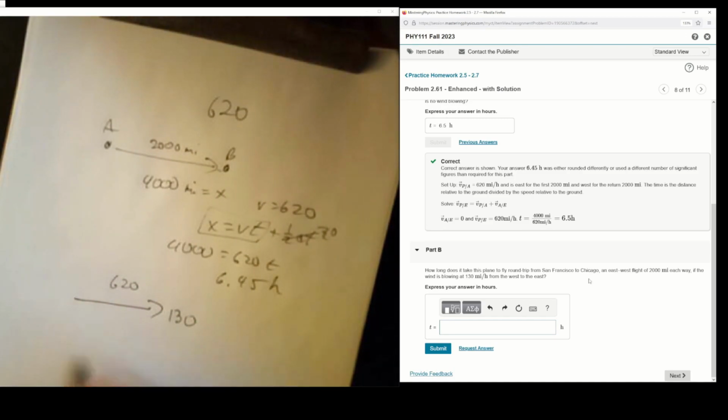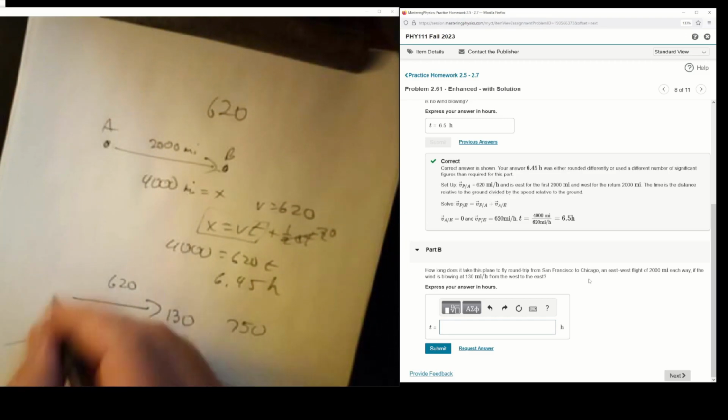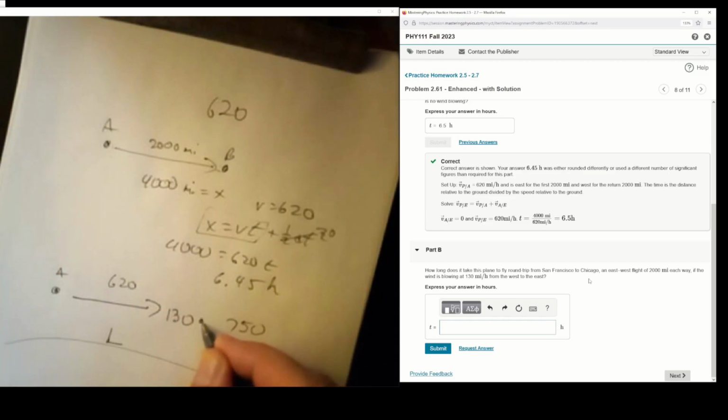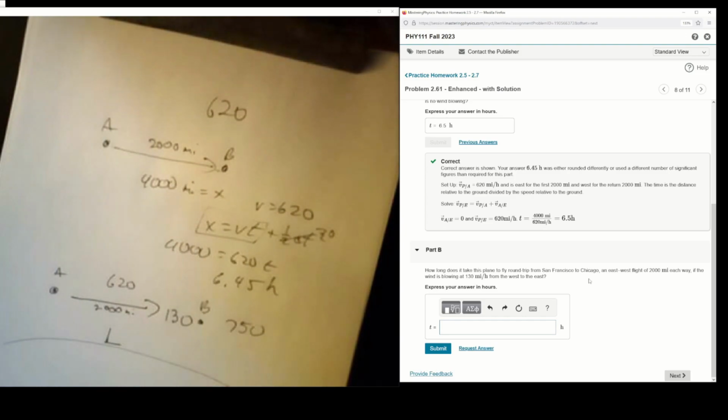So relative to the Earth, put our coordinate system there, we would see this plane going then 750 as it goes from A to B. And that was 2,000 miles there. So now we have 2,000 miles equals 750t.